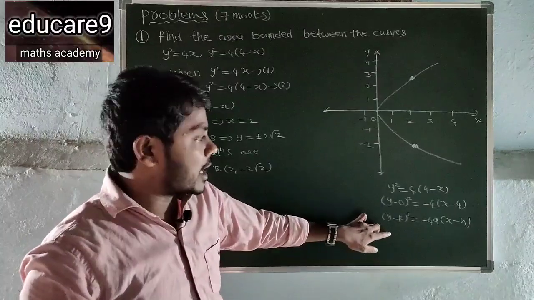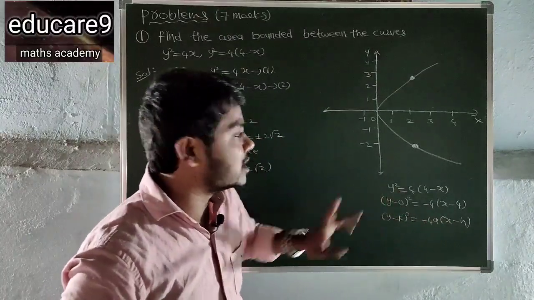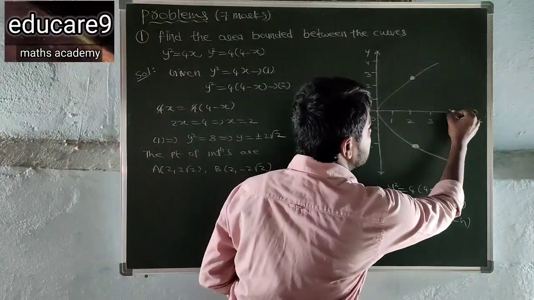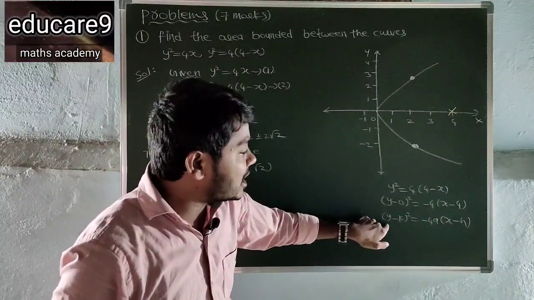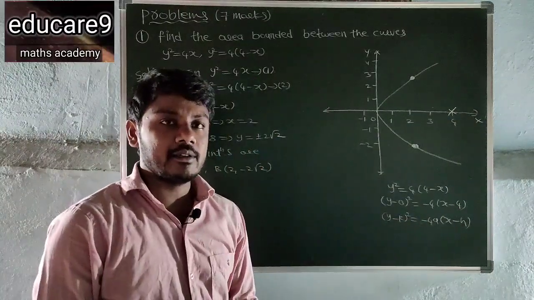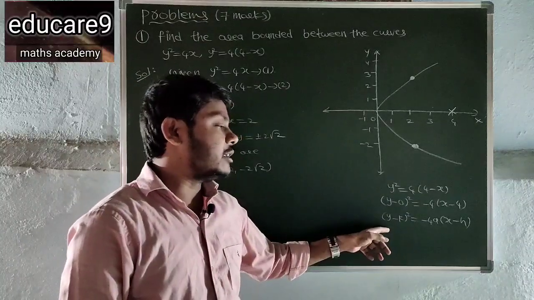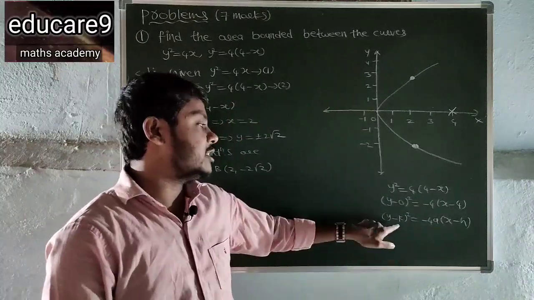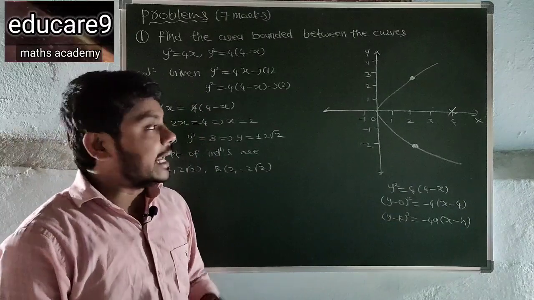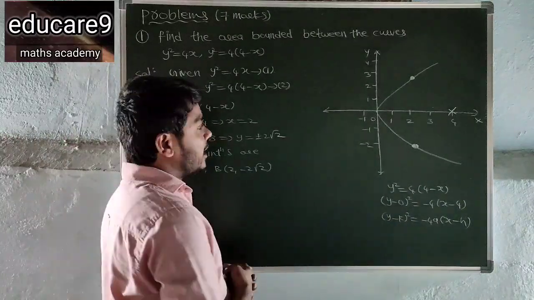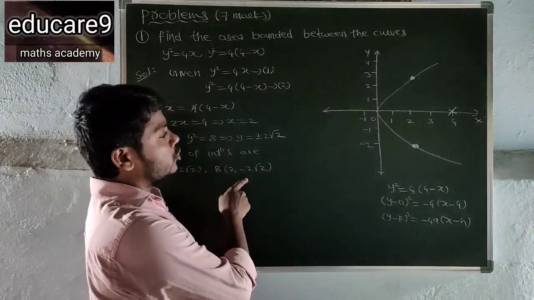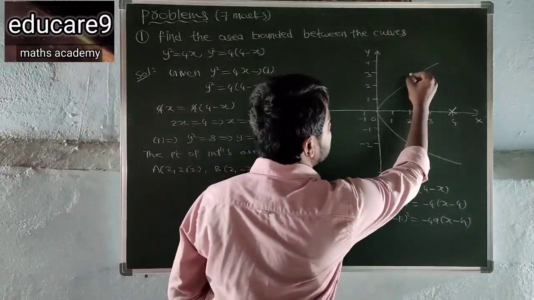So it represents a parabola whose center is (4, 0). It is of the form y square equal to minus 4x, so this parabola opens toward the negative x-axis side. And the points of intersection are (2, 2 root 2) and (2, minus 2 root 2), the same ones.